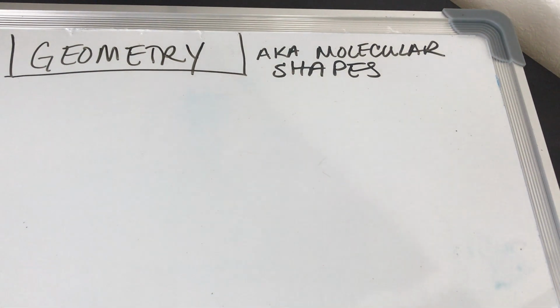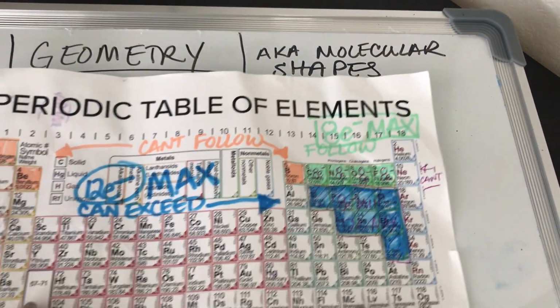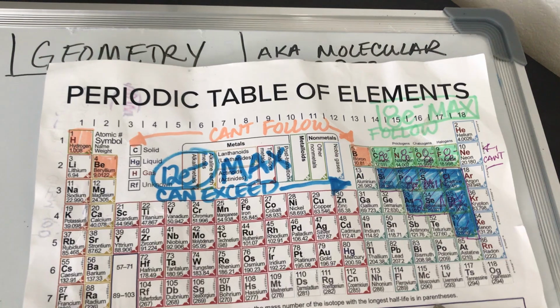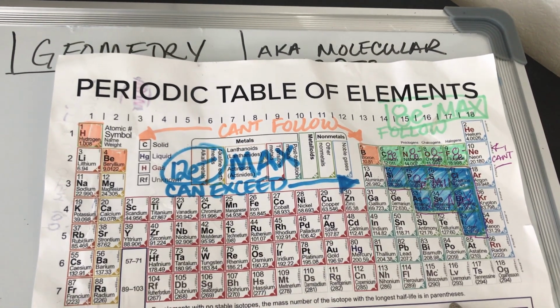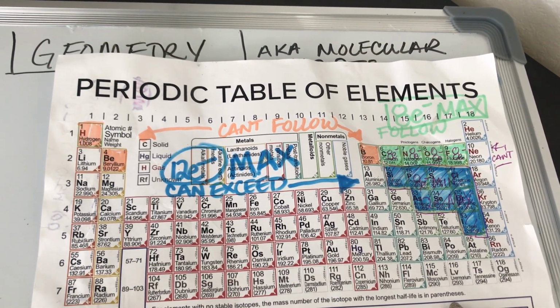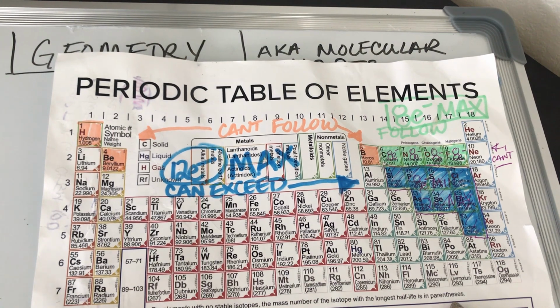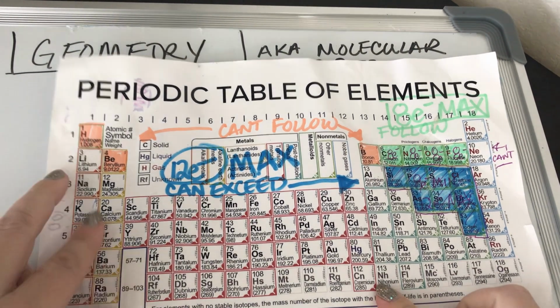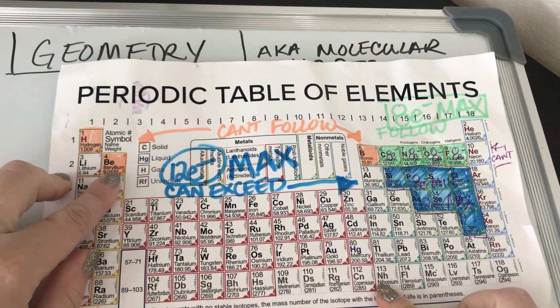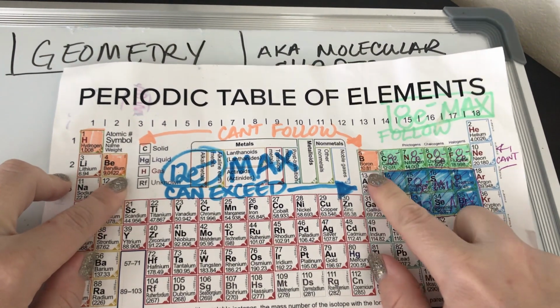Okay, so this is the beautiful periodic table that I posted for you. For the octet rule, you've got the guys that can't follow it in orange: hydrogen, beryllium, and boron.